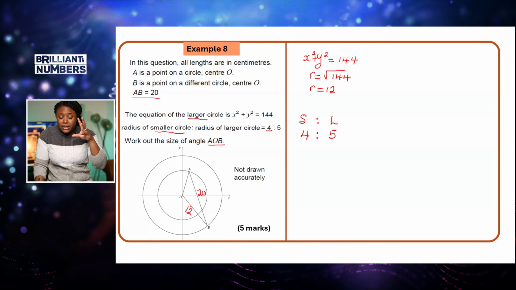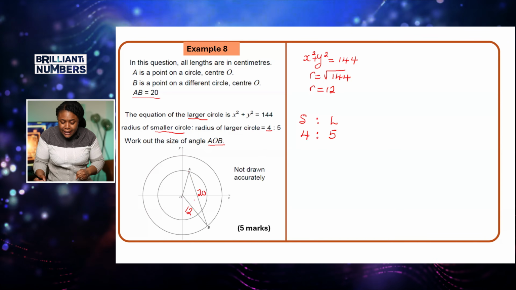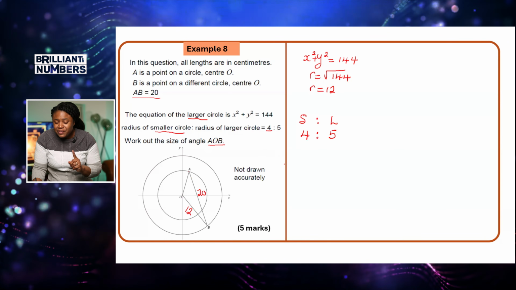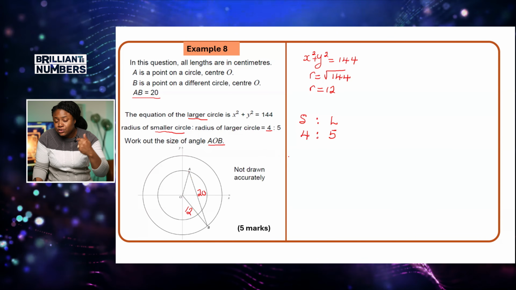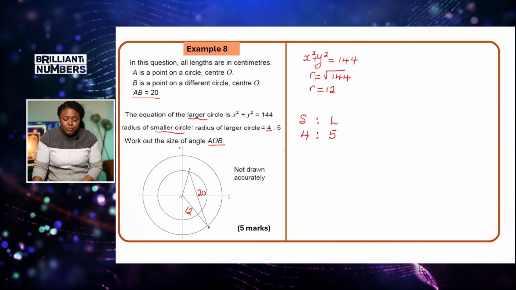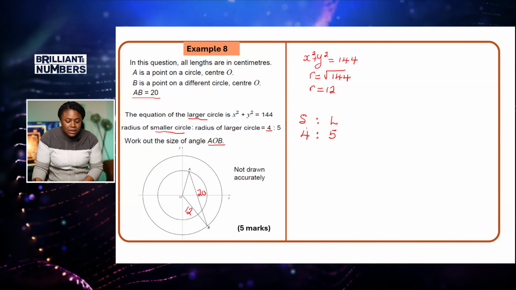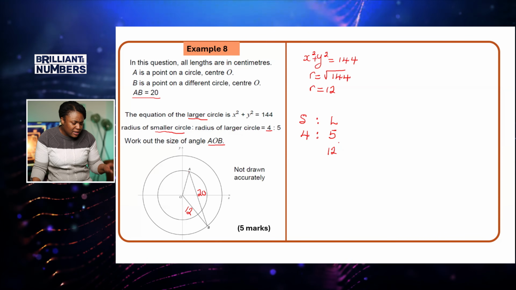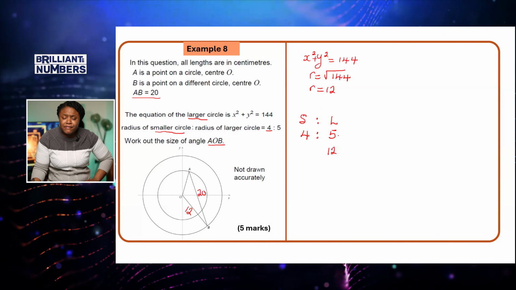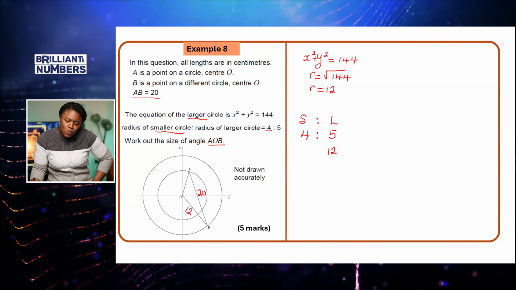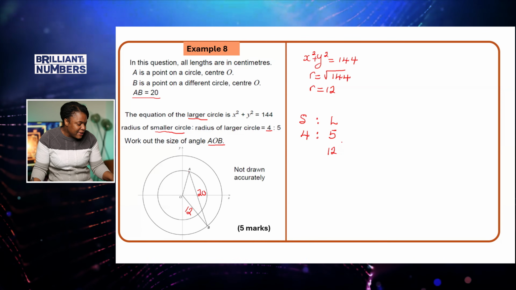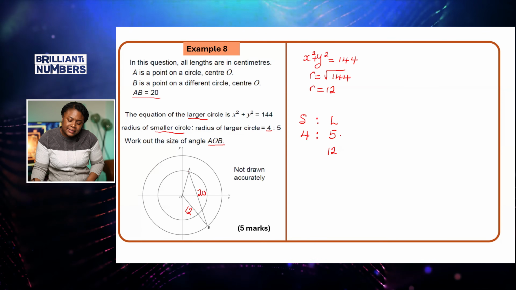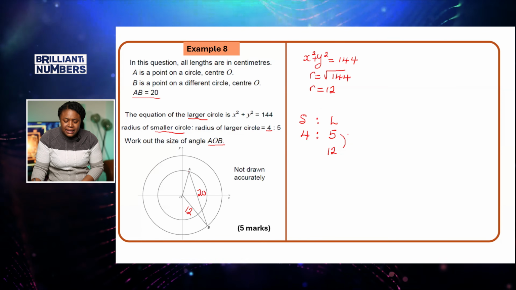Good job. So you can see here my gaps are closing in. Now that piece of information also breaks through to me finding the radius of the smaller circle. So the large one was 12. Let's put that in. I'm going to use my calculator quickly just to find out the scale factor here. So I can do 12 divided by 5 to find out what is the scale factor that links them.